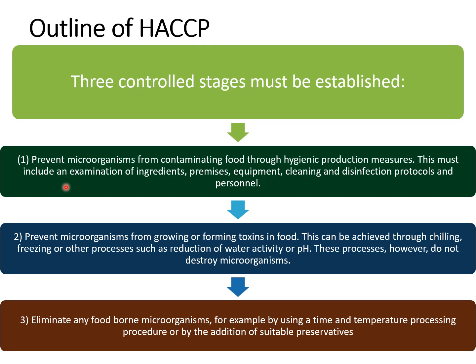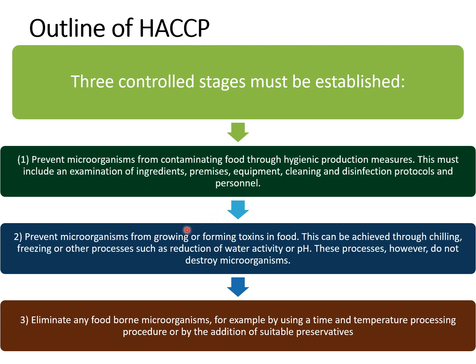So here you have to examine every ingredient that is entering into the premises. You have to maintain the premises clean. The equipment has to be clean. How the equipment is being cleaned at the end of each batch, and whether disinfection protocols are being maintained, and even how the personnel who are working maintain personal hygiene.